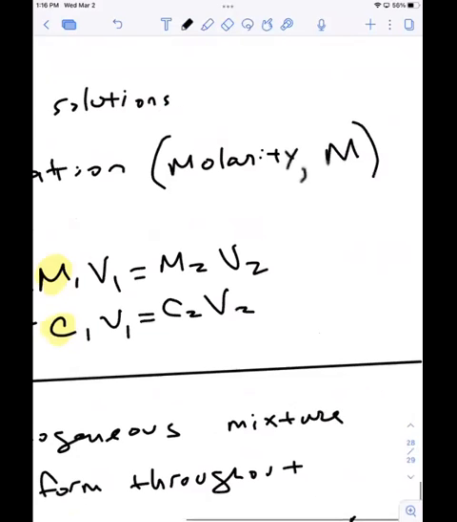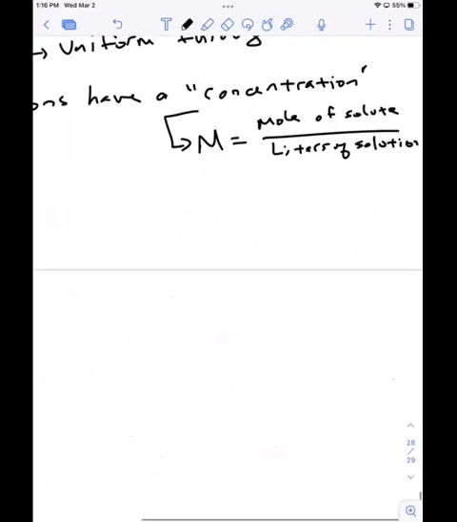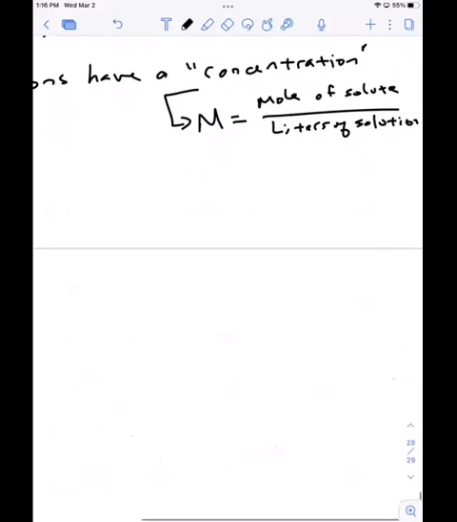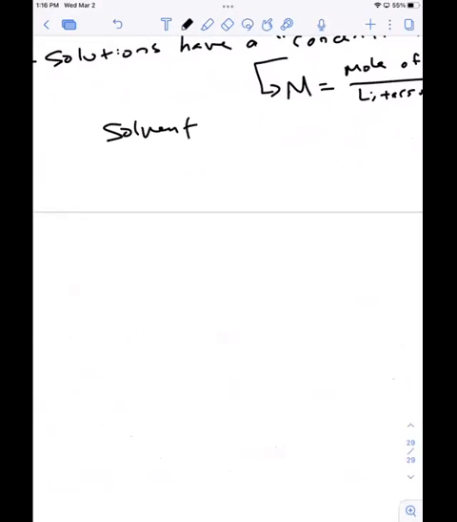That's important when we think about using concentration to calculate different pieces, whether we're looking for moles, volume, concentration, grams, or whatever. Every solution is made up of a solvent and a solute.